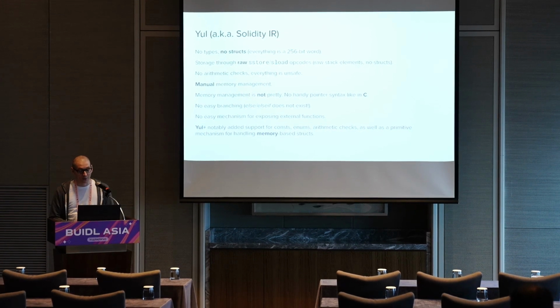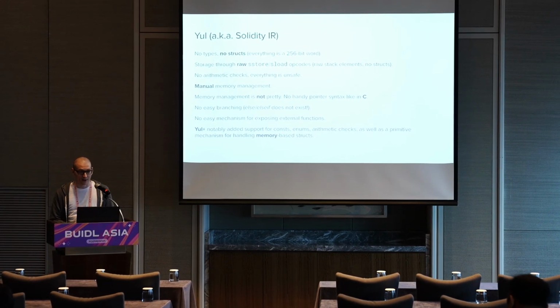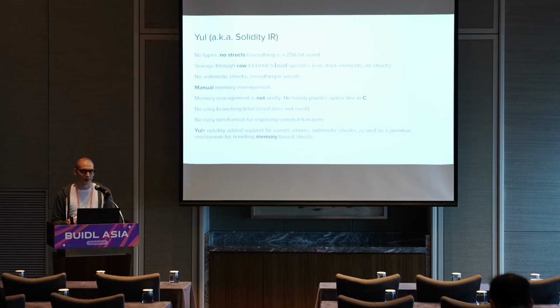And probably one of the biggest impediments to actually writing a full smart contract in Yul is there's no easy way to expose external functions. If you want to do that, you basically have to calculate the function signatures yourself, create a giant switch statement as an entry point into the contract, and then pick which method you want to call based on the call data that was passed into the call.